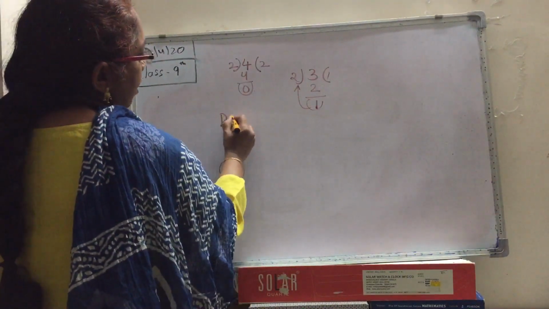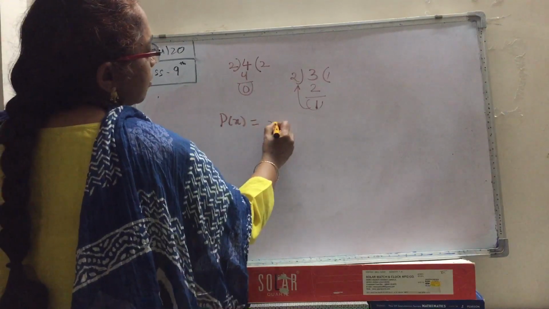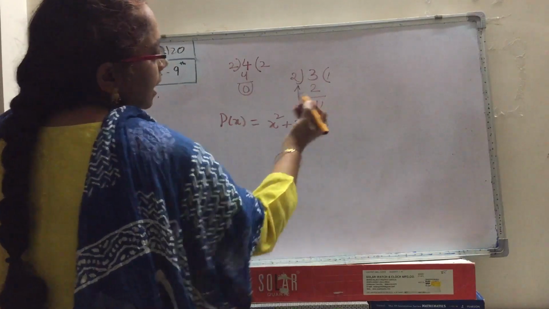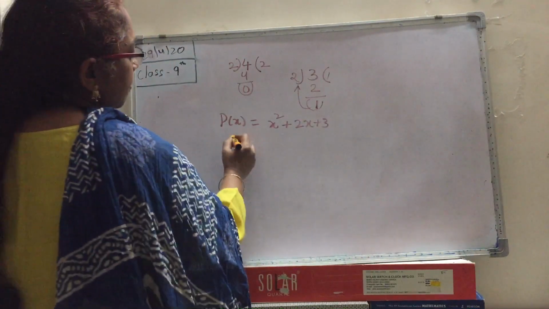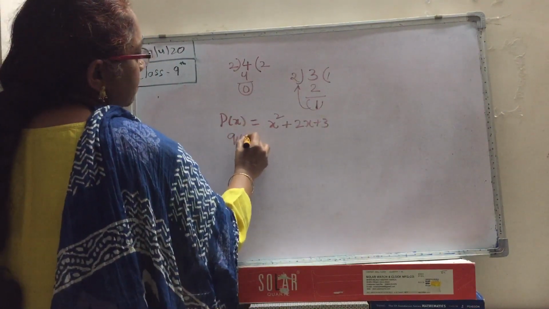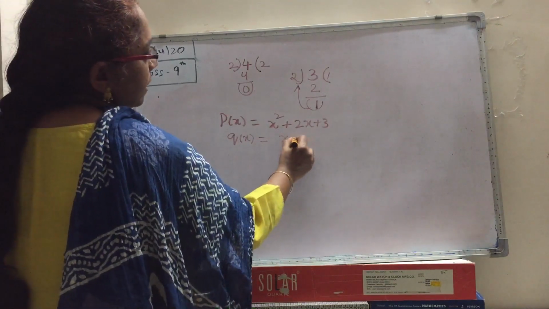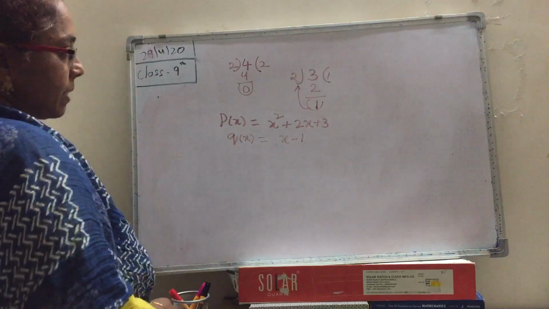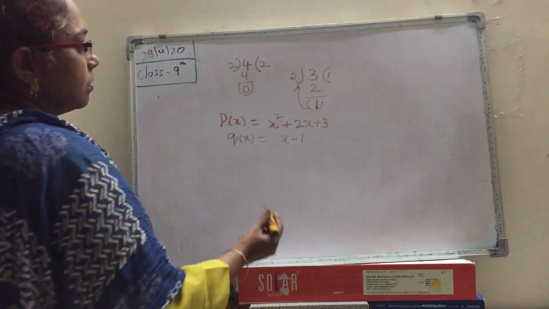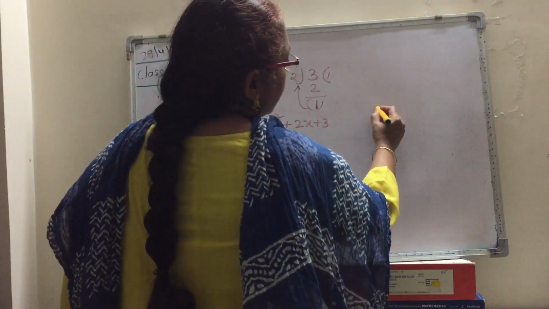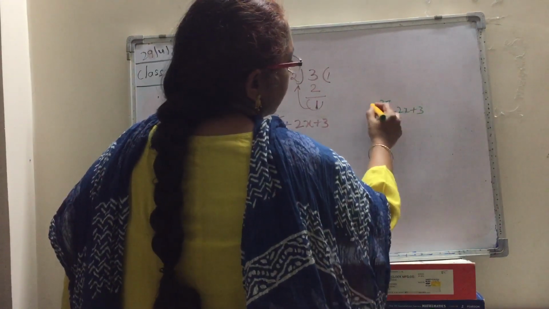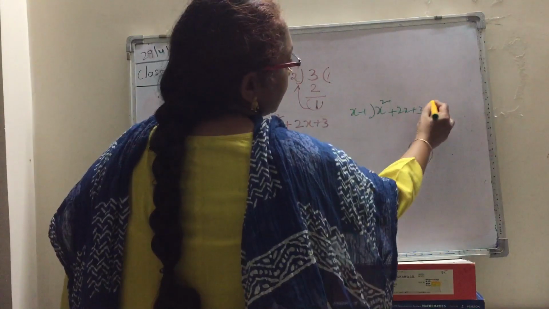Take one polynomial, p of x is equal to x square plus 2x plus 3, and this polynomial is divided by q of x is equal to x minus 1. So x square plus 2x plus 3 is divided by x minus 1.